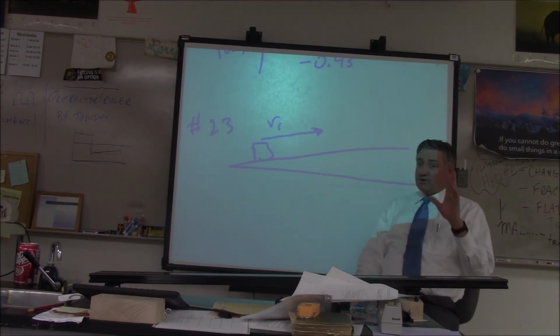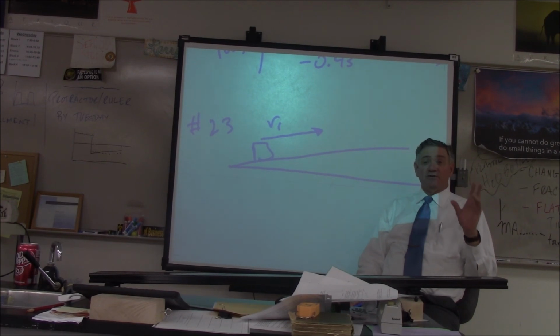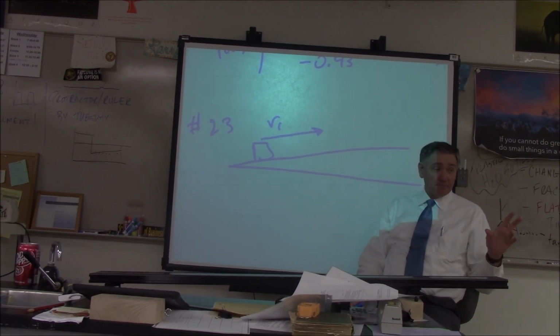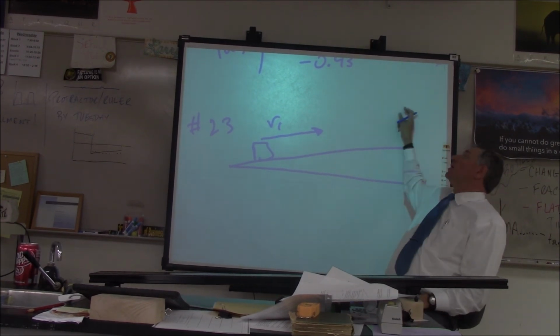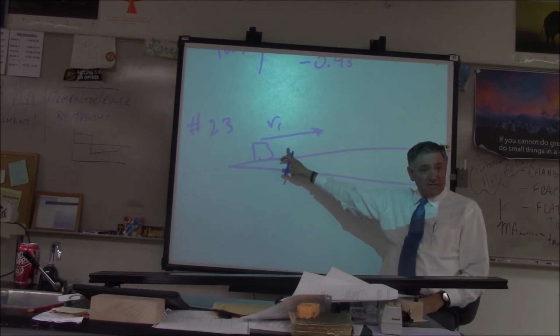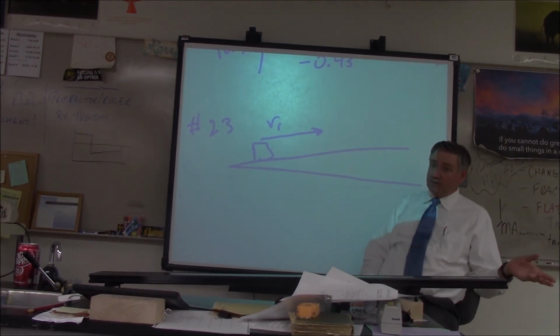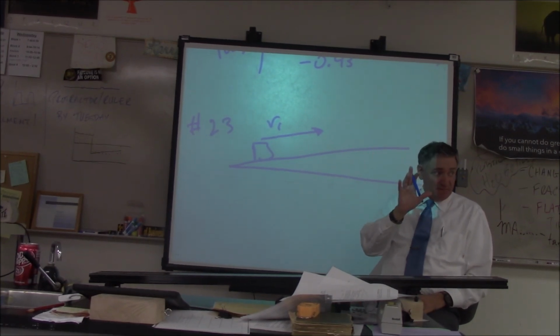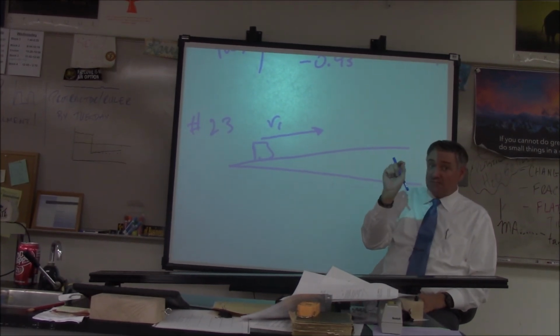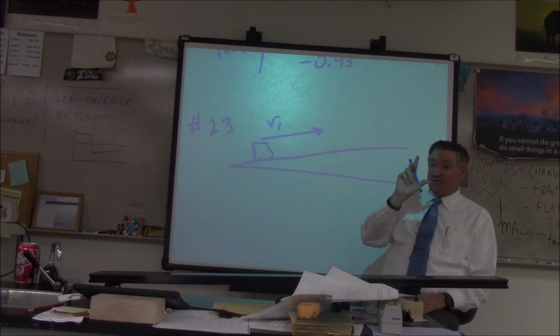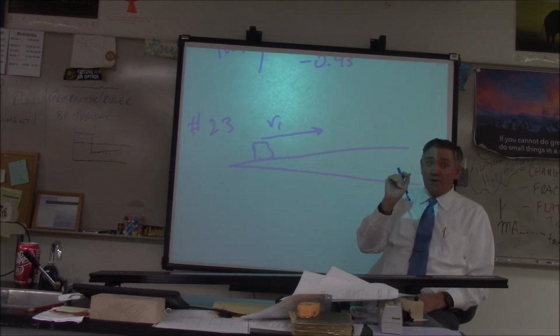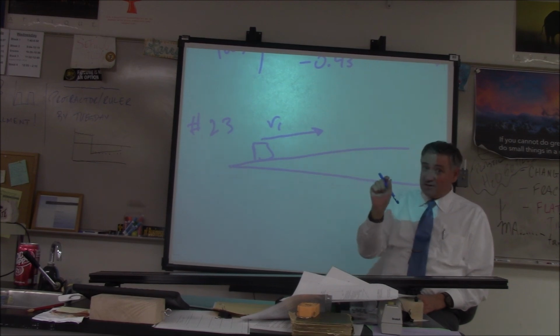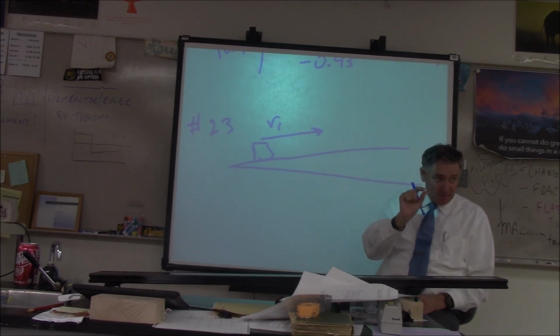Again, you have to decide which direction you want the acceleration vectors to point, and do you want them to be the same size, or do you want them to get bigger, or get smaller? If you want your acceleration vectors to be the same length, you draw them exactly the same length. If you think they're getting bigger, you draw them getting bigger. If they're getting smaller, you draw them getting smaller.